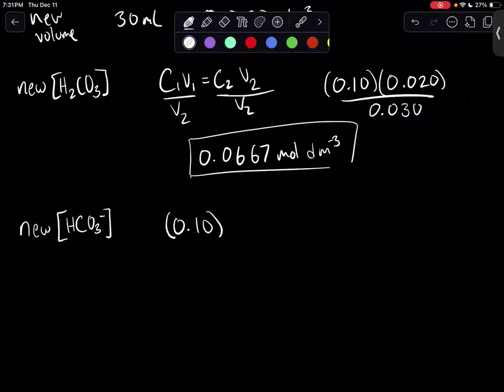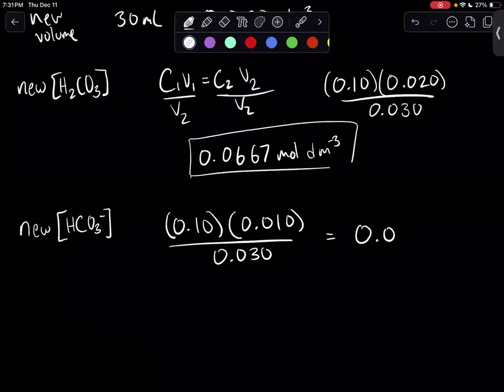So 0.10 times our original volume, 0.010, divided by our new volume, 0.030. And we will get a concentration of 0.0333 mole per decimeter cubed.